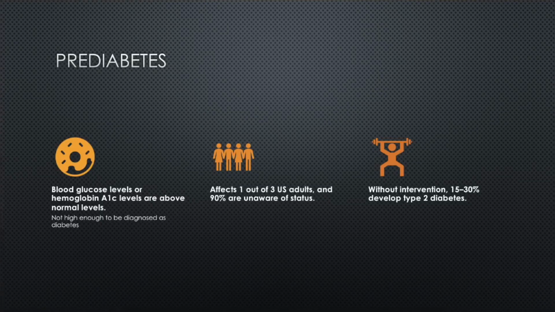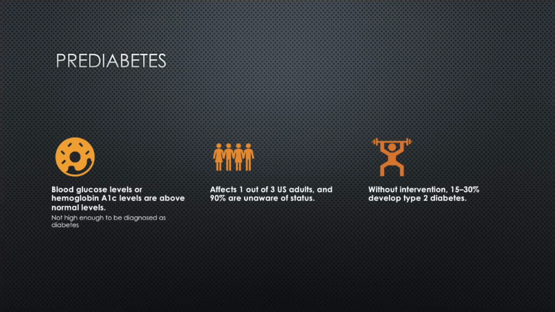Before somebody becomes a type 2 diabetic, they might actually be a pre-diabetic. Pre-diabetes is related to certain risk factors associated with type 2 diabetes. It exists when blood glucose levels or hemoglobin A1C levels are above the normal level, yet not high enough to be diagnosed as actual diabetes.